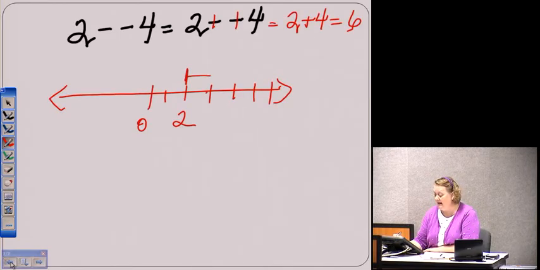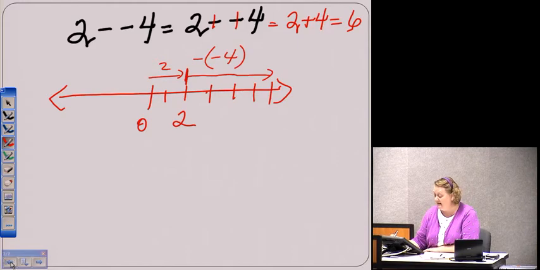I've got to take away a -1, 2, 3, 4 units. I start out at a +2, and to take away a -4, that's the opposite of a -4. So I've got to move in a +4 direction.